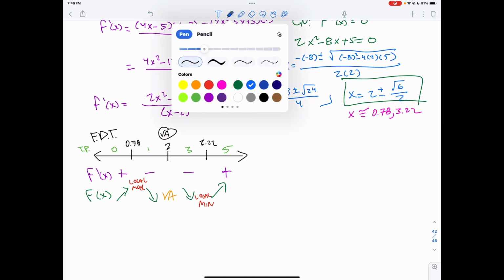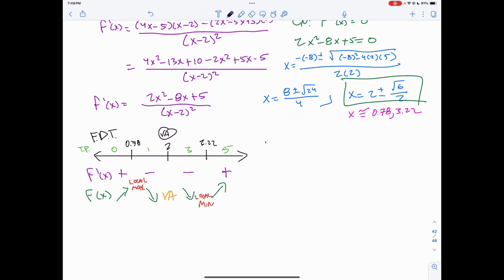When I'm solving my local max, then if I take f of approximately 0.78, I'm going to get what approximates to negative 1.89.